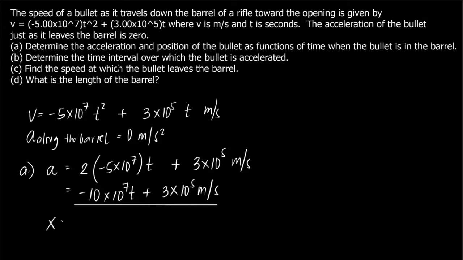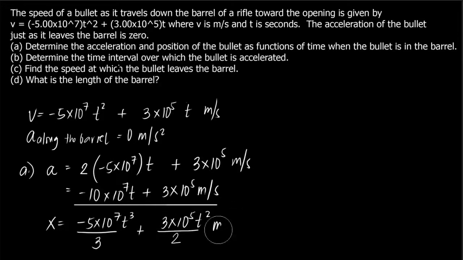Next is x, the position, so we integrate. The integral of this whole equation is negative 5 times 10 to the 7 t cubed over 3 plus 3 times 10 to the 5th t squared over 2, in meters.